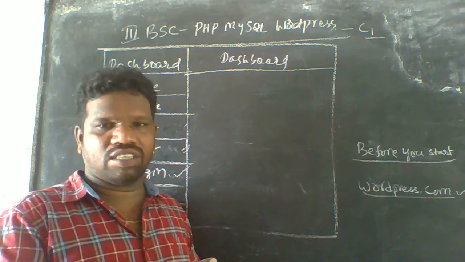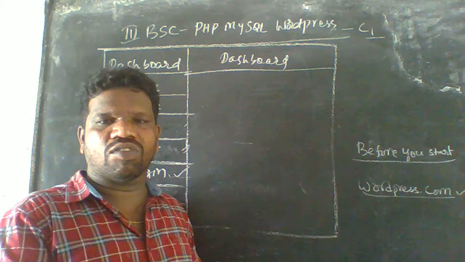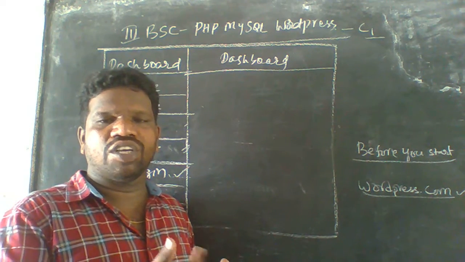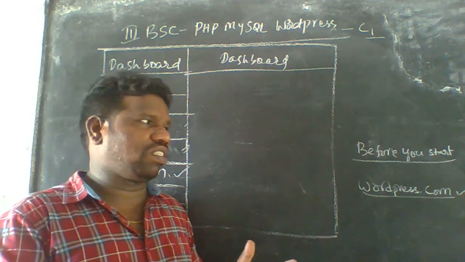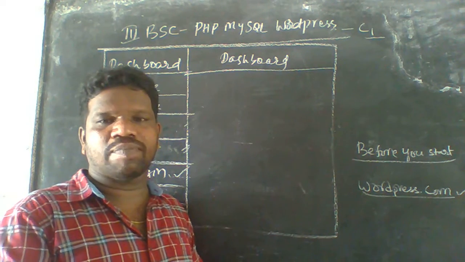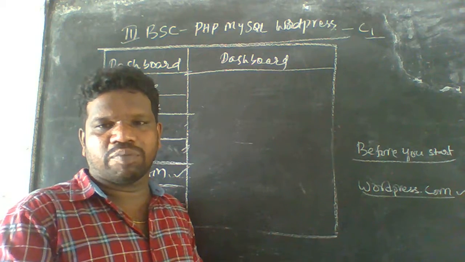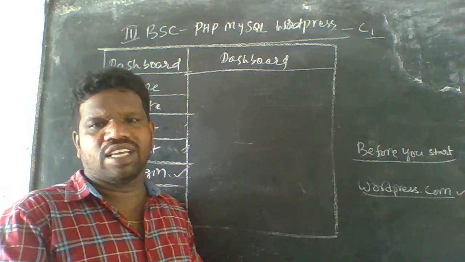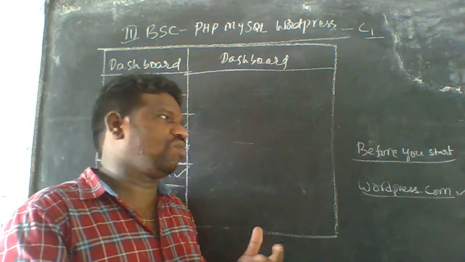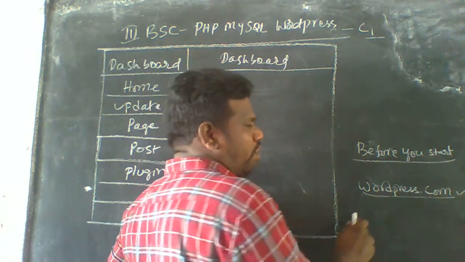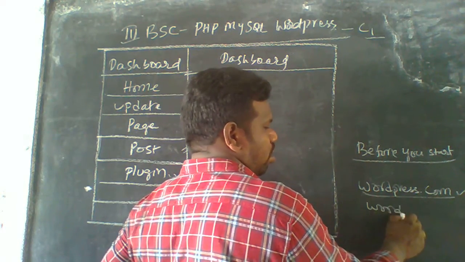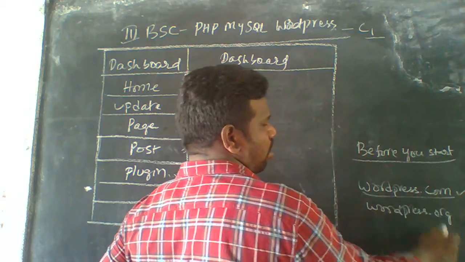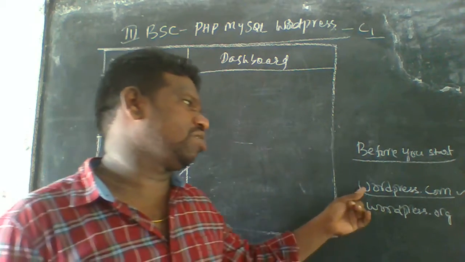On the other hand, you can install any plugins you want on a self-hosted WordPress, that is WordPress.org, the WordPress organization website, right out of the box. So these two are different things.